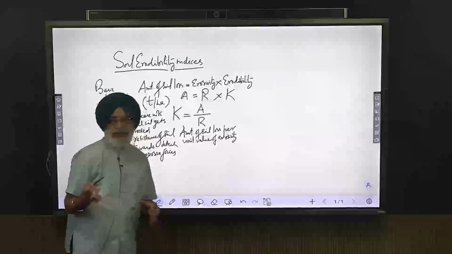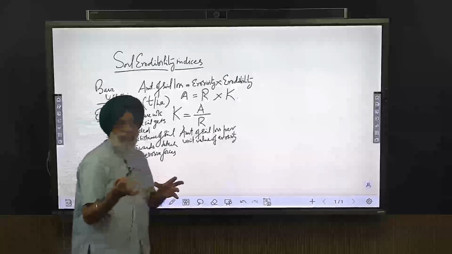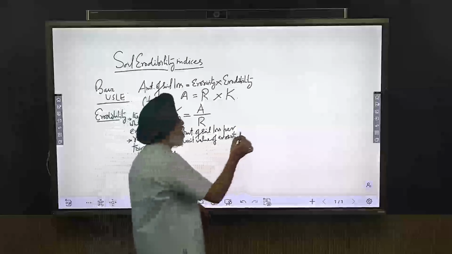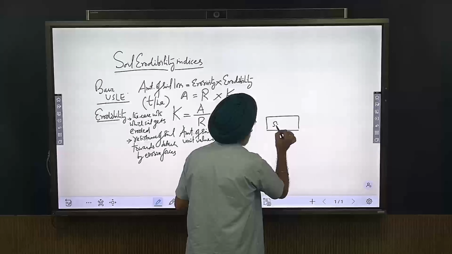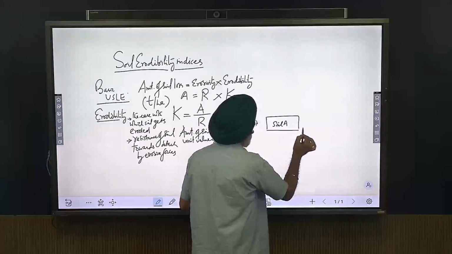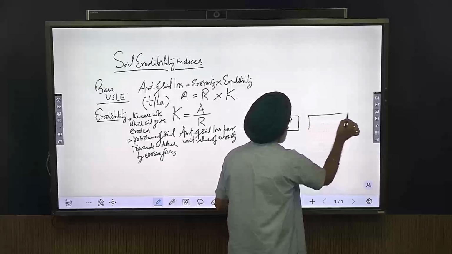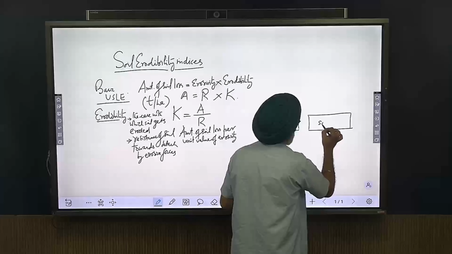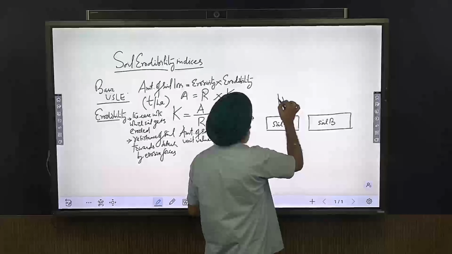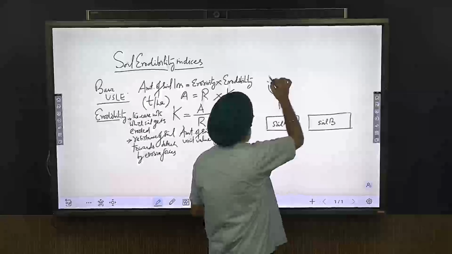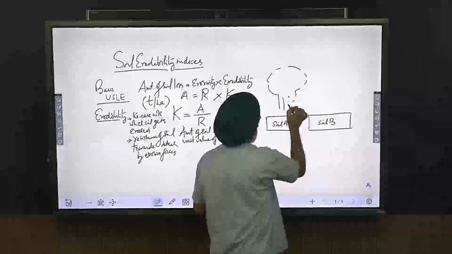So, I hope the things are clear to you as far as erosivity and erodibility is concerned. Let me again explain this with the help of an example. Supposing this is soil A and this is your soil B. Here you have a rainstorm over here.